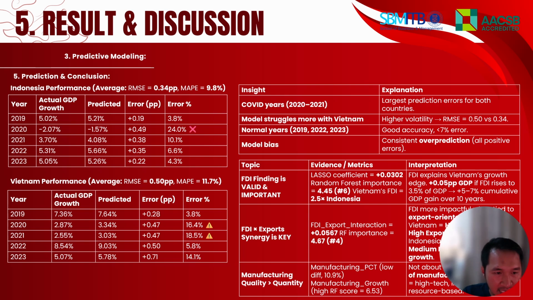Then we do the prediction and conclusion, and we see the Indonesian performance only results in error in 2020 because of COVID. Everything else is working fine, and the error is very low.